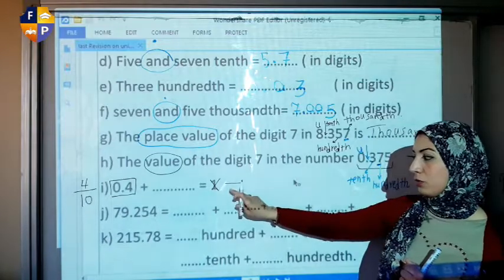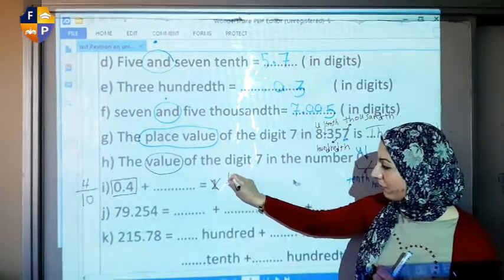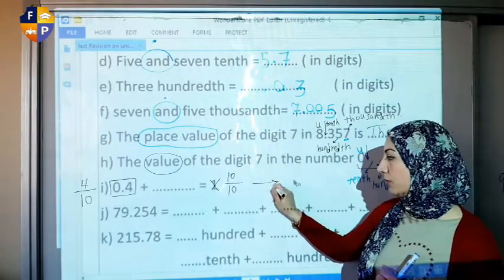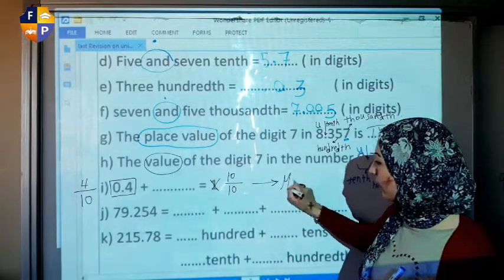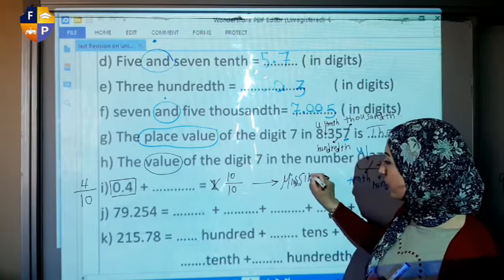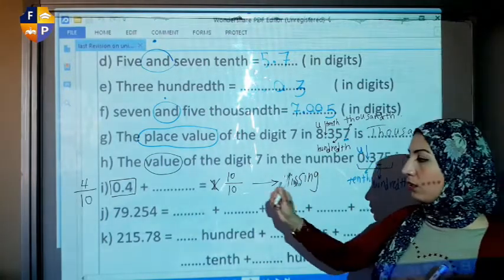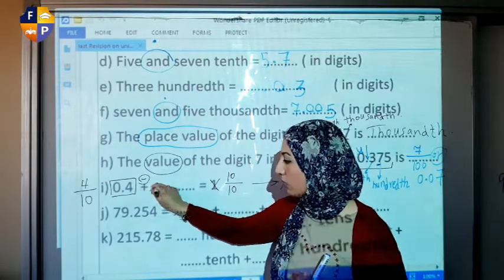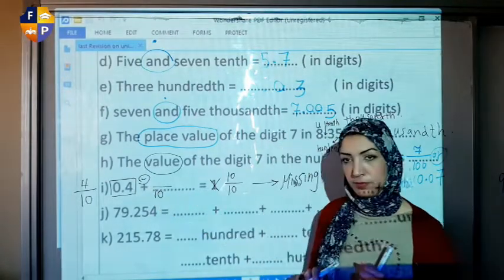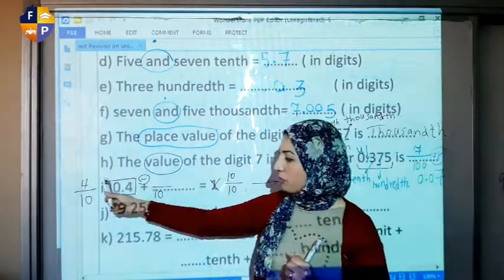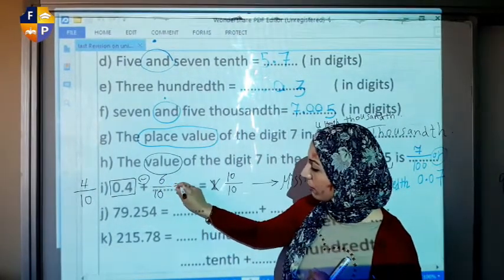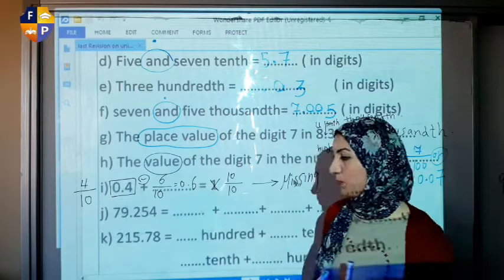So we can cross 1 and write 10 over 10. As we said before, this question is a missing number. Missing number plus changes into minus. So we will write 10 in the denominator. 10 minus 4 equals 6. So 6 over 10 means 0.6.